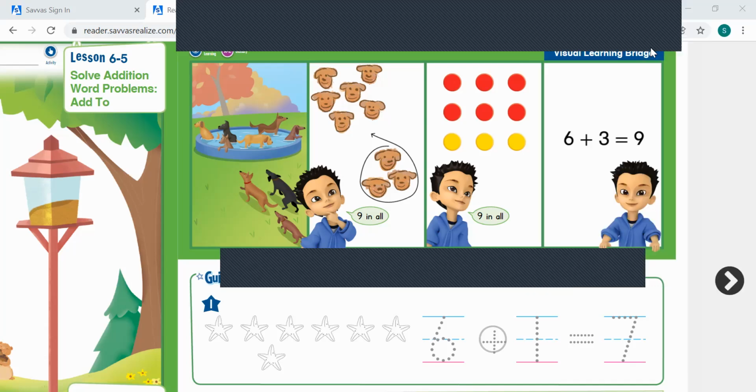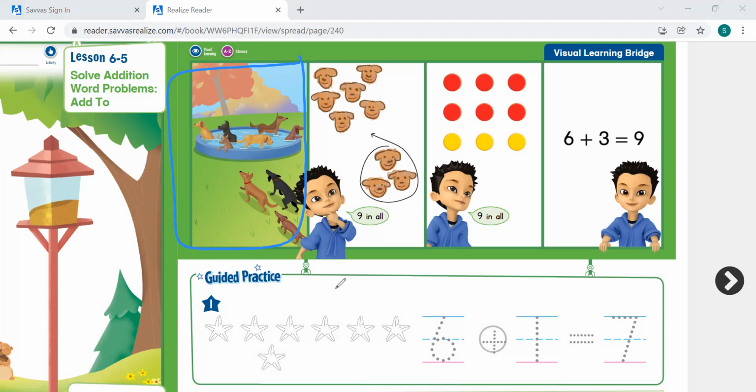All right, let's look at our first picture right here. What's happening in this picture? There are dogs in the water, and there are dogs running towards the water.